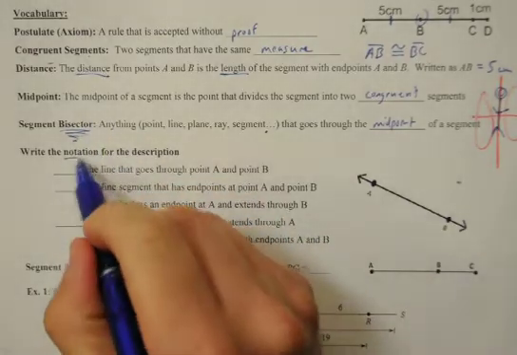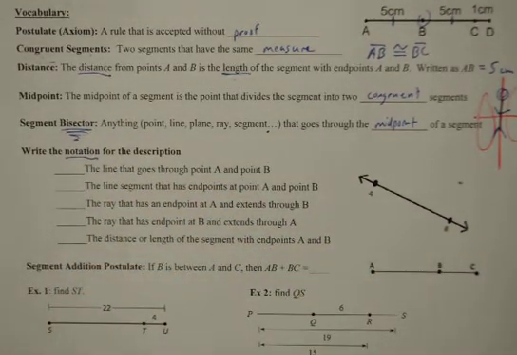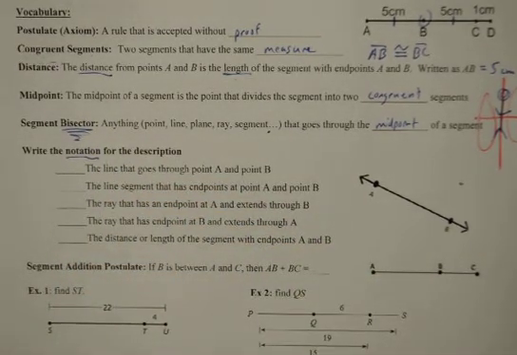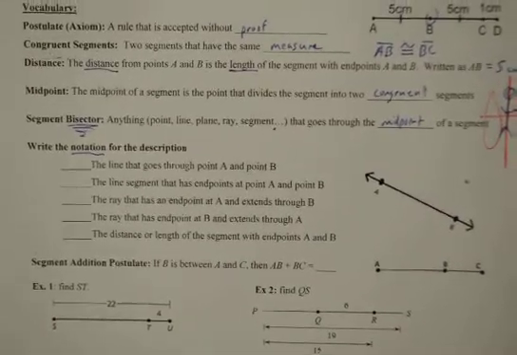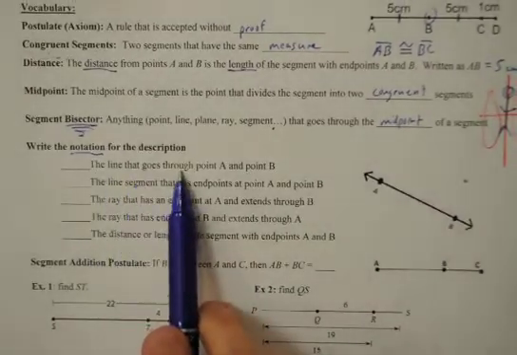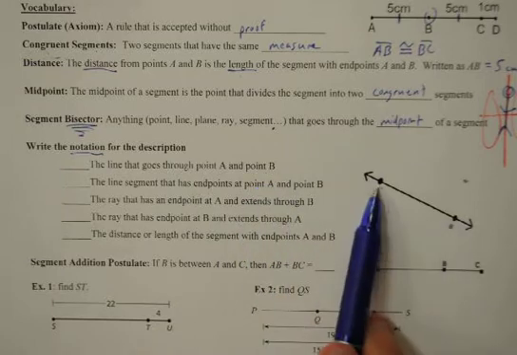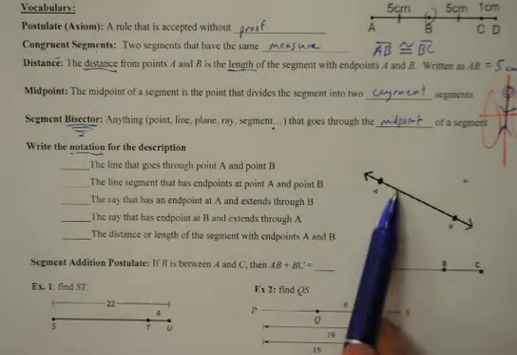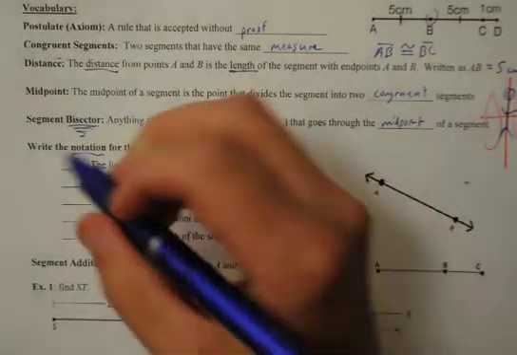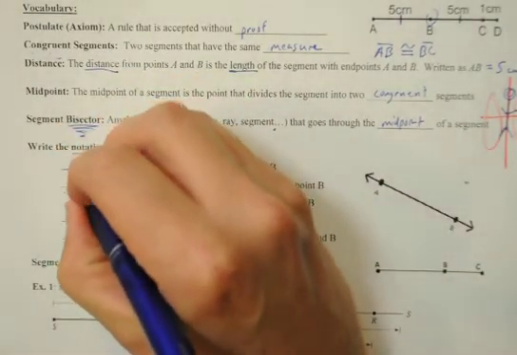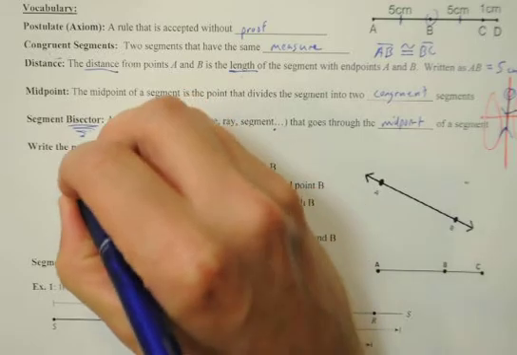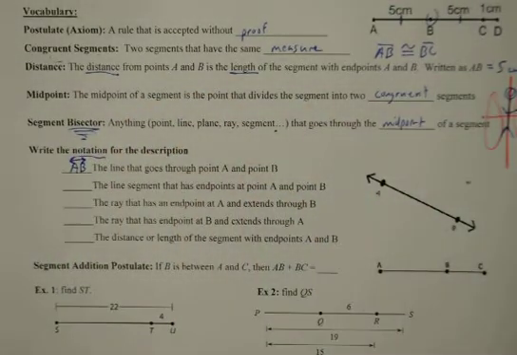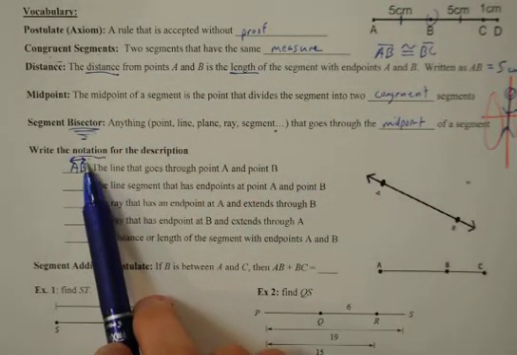Next, write the notation. This is a summary of the notation that we'll use the rest of the quarter. First is the line that goes through points A and B. Here it is. There's a line. It's got an arrow that way, and an arrow that way. We call this line AB, written with two little arrow symbols.